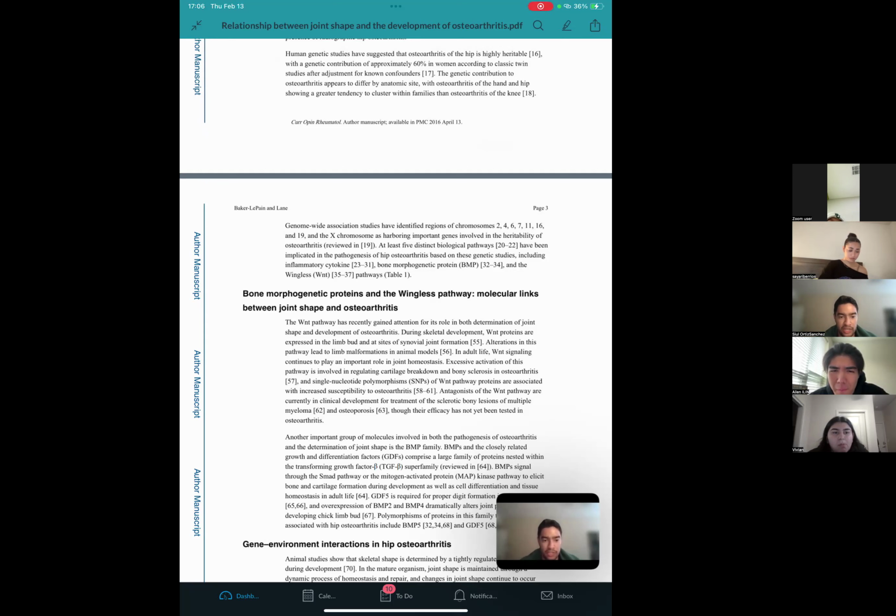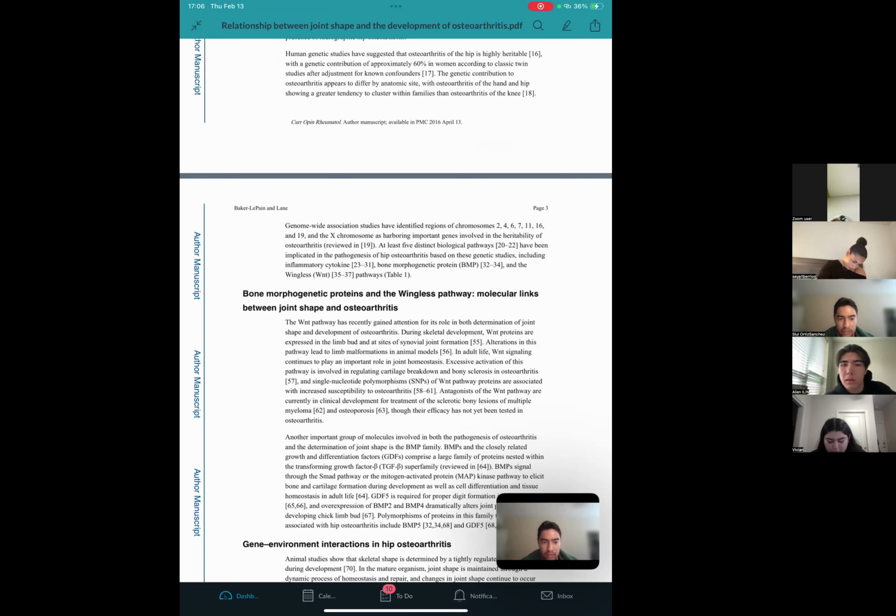Bone morphogenic proteins and the wingless pathway: molecular links between joint shape and osteoarthritis. The wingless pathway has recently gained attention for its role in both determination of joint shape and development of osteoarthritis. During skeletal development, wingless pathway proteins are expressed in the limb bud and at sites of synovial joint formation.